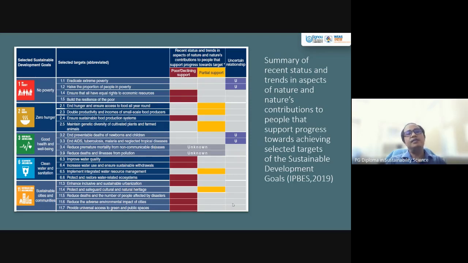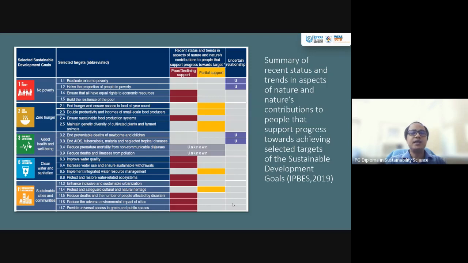See, in this simple goal number 1, eradicating extreme poverty means biodiversity plays an important role in feeding the people, right? So if biodiversity is being lost, and nutritious food is being lost, it will be very difficult to achieve goal number 1 and goal number 2.